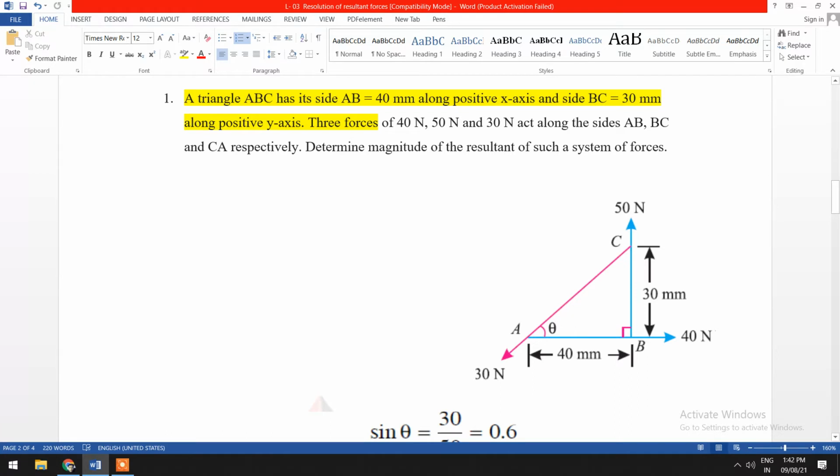From the figure we can observe that a 40 Newton force is acting at point B in the positive x direction, and at point C a 50 Newton force is acting along the positive y-axis, and the lengths of the sides are 30 mm and 40 mm. Three forces 40 Newton, 50 Newton and 30 Newton are acting along the sides AB, BC and CA respectively. We have to determine the resultant of this system of forces.